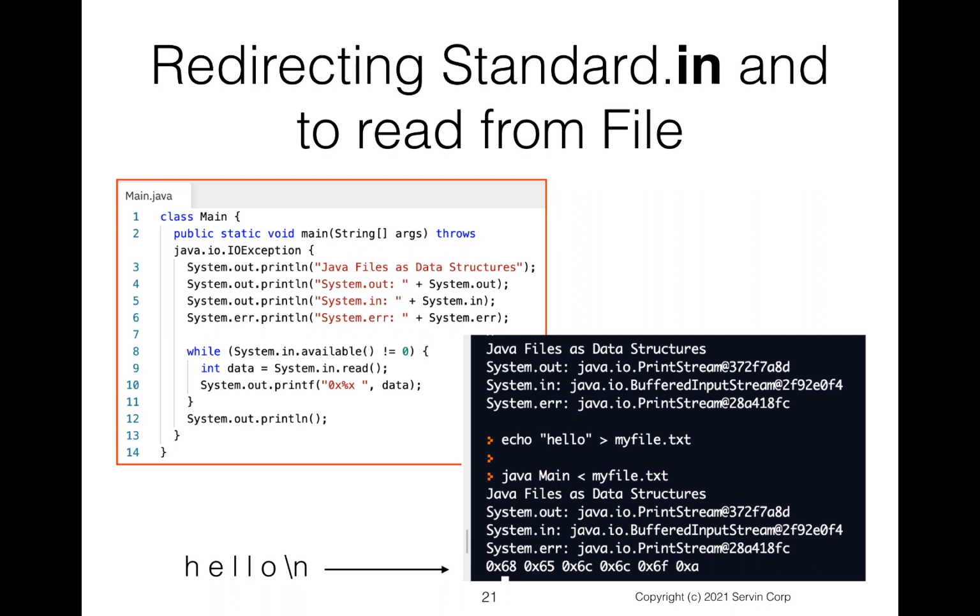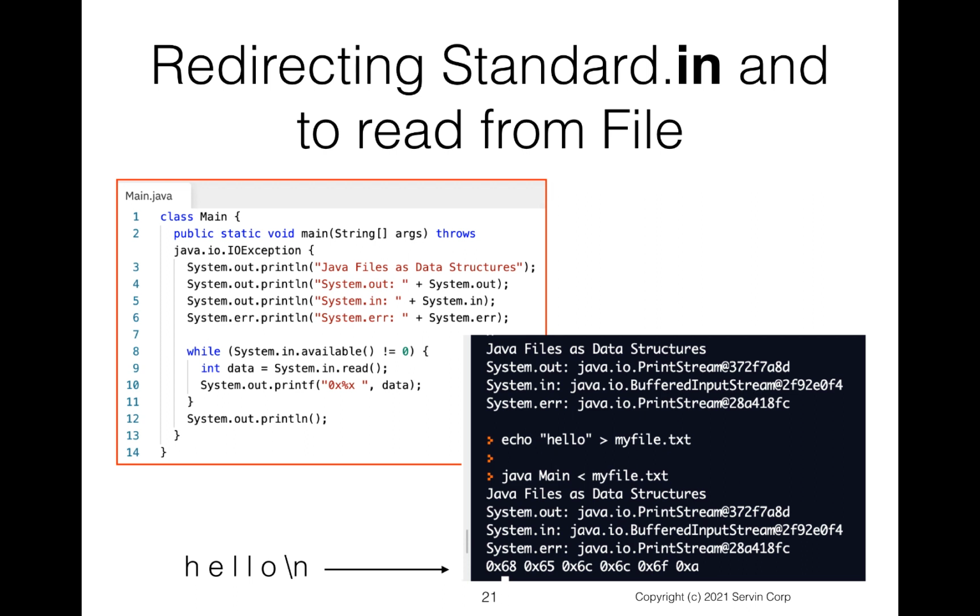So check this out. There in the middle of the screen, if I say echo hello and send that into myfile.txt, we know that inside that file we have hello with a new line character. And so if I say Java main with the less than sign and myfile.txt, what this is telling the system is that now standard input should be coming from this file.